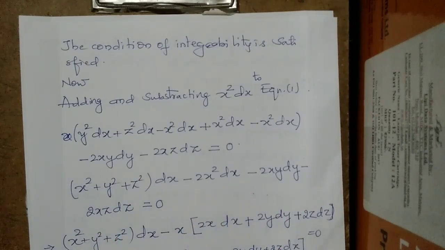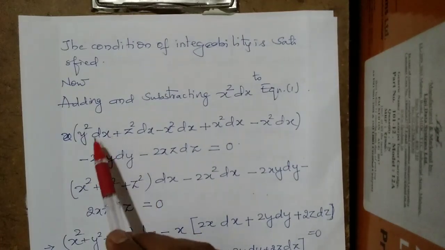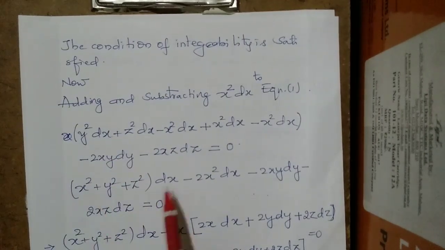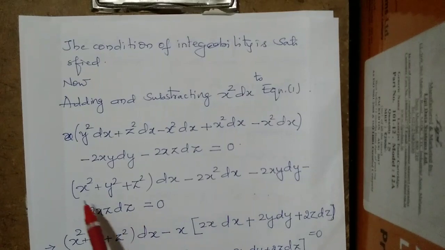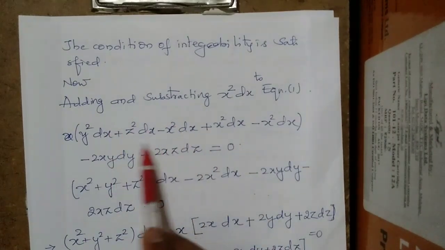See here what we have to get, x square dz is 1, here 2x square dx is there. So 2x square dx minus x square is minus x square. Our original equation is, minus x square is again what we are getting here.